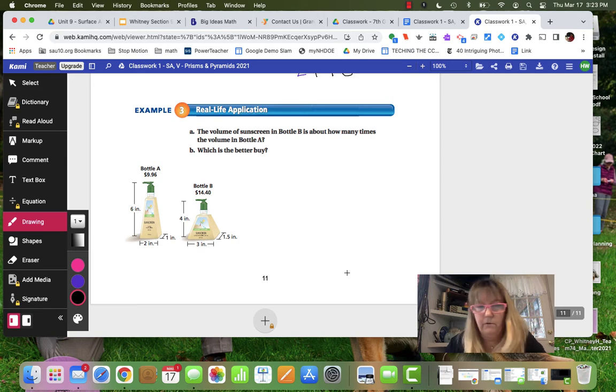So we have bottle A and bottle B. So A is 1/3 the area of the base, and the area of the base is a rectangle, so that makes our life so much easier. 2 times 1 times the height, which is 6. So we multiply all of that together, we get 4.